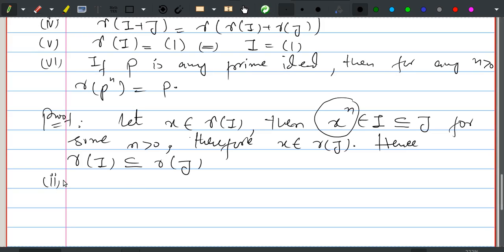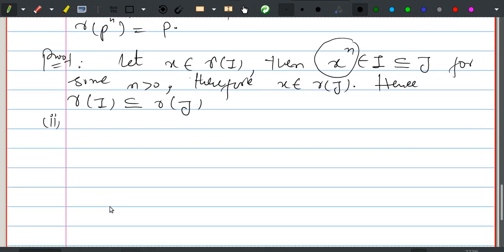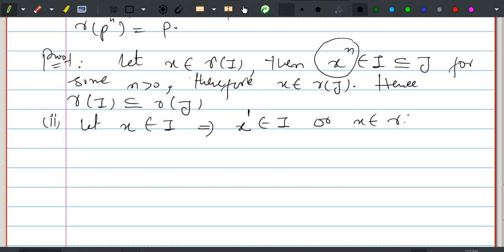Now we have the second item. So we have to prove I is always contained in the radical of I. So let x belong to I. So this implies x to the power 1 is in I. Now if some power of x is in I, that means that element is in the radical, or x belongs to the radical of I. Hence this I is contained in the radical of I. Now let us prove the third item.